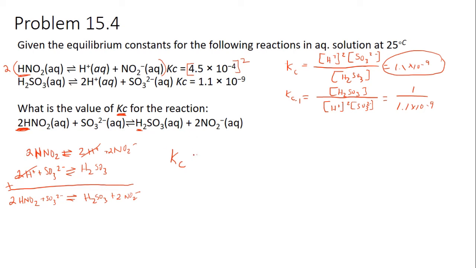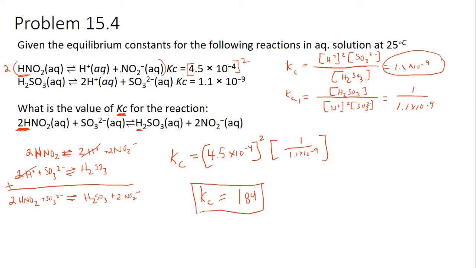So the equilibrium expression overall would equal the product of our first reaction, 4.5 times 10 to the minus 4 squared, times the equilibrium expression for our second reaction, the 1 over 1.1 times 10 to the minus 9. You multiply those two together, we should get an equilibrium constant of approximately 184.